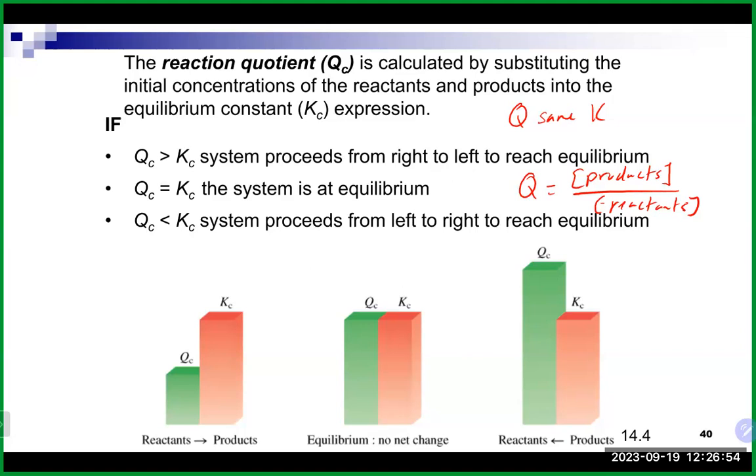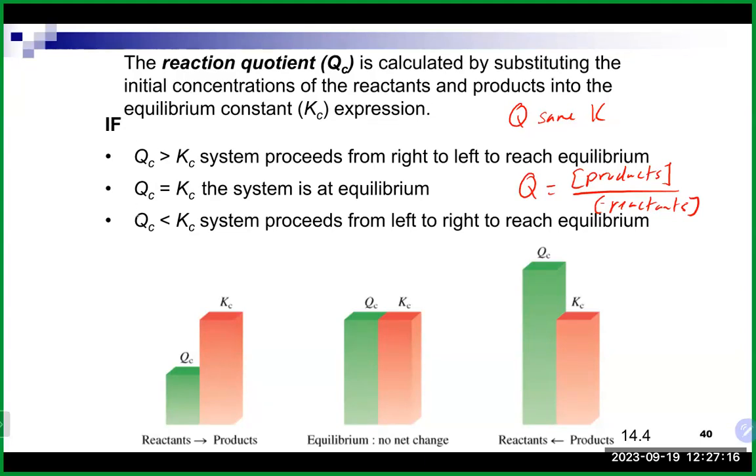It tells you whether or not you are at equilibrium, and sometimes more importantly, which way you need to go to reach equilibrium. If you calculate Q and it's greater than the Kc value, you are not at equilibrium, and in order to reach equilibrium, it needs to make more reactants.